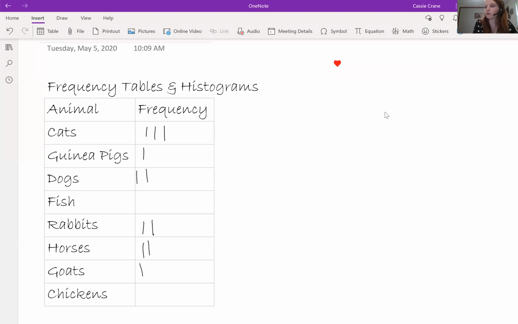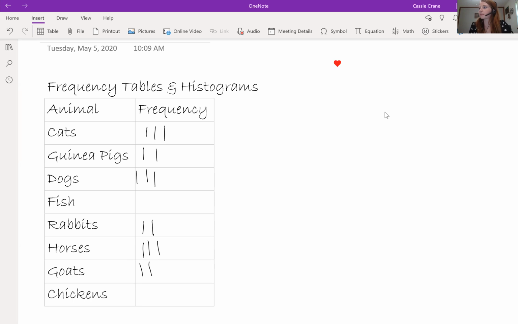I'm just going from what I'm seeing in the chats. Guinea pigs, dogs, horses, guinea pig, dog, goats. I like that, goats for life. I think goats are funny, they're cute. All right, I'm caught up.